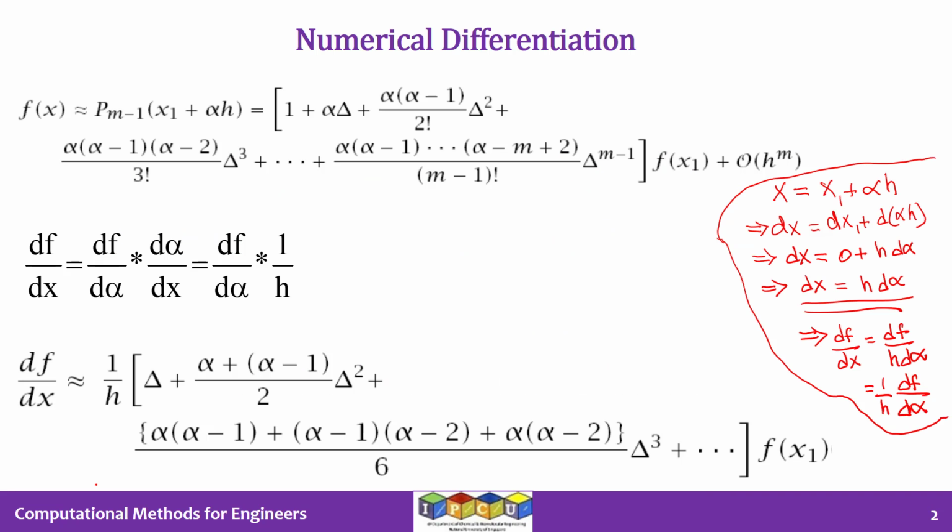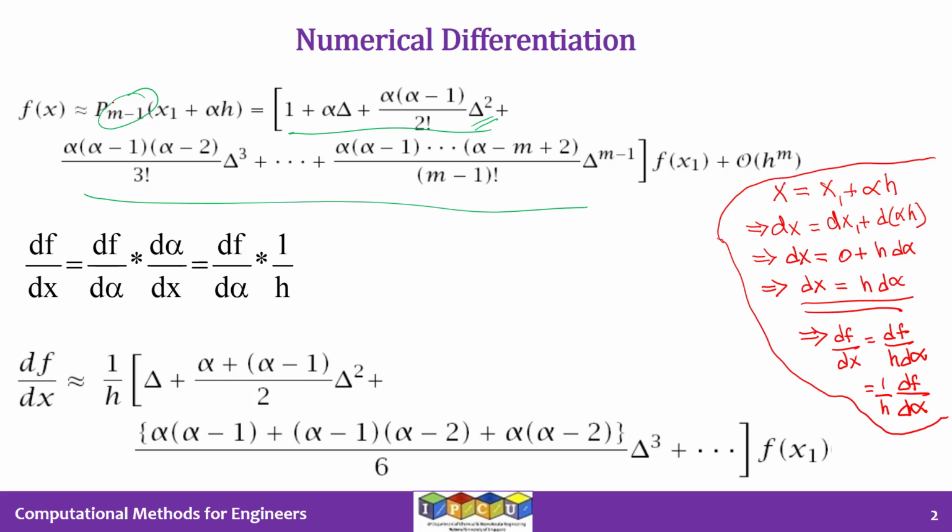We start off with the interpolating polynomial that is constructed based on forward differences. That is why you see the delta operator there. We recall that what we have in the square brackets is a polynomial in alpha. The order of the polynomial is m minus 1.